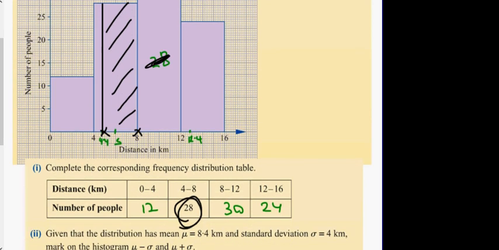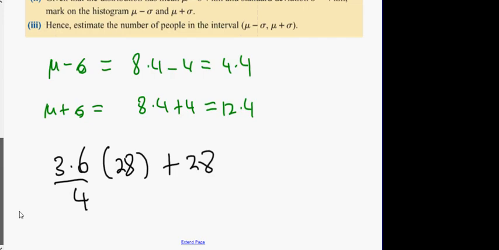No, the 28 is full. That's 30. Oh, sorry, the 28 is full, you're right. Sorry, my bad. So this is 30, and that one was 28. So it's going to be 3.6 divided by 4, 28. That was the middle one, which was 30. Because they're close in size, they're easy to mix up.